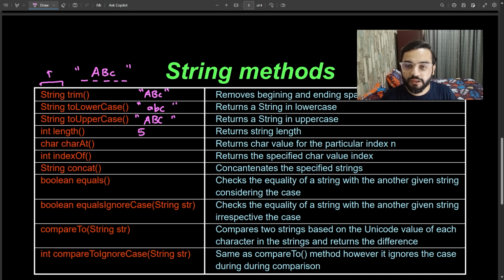Remember, the same as with arrays, the index of a string starts from 0. So this white space has index 0, A has index 1, B has index 2, C has index 3 and the last white space has index 4. This is the same concept as arrays.